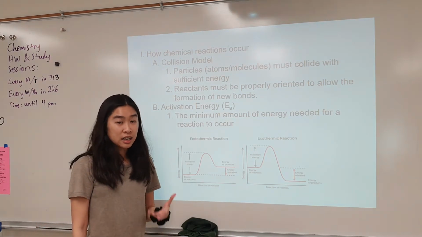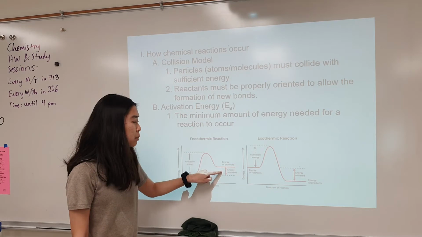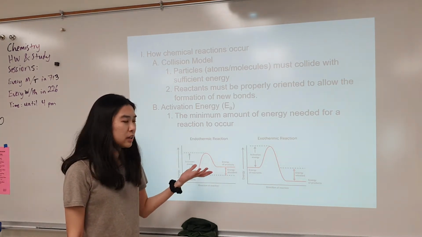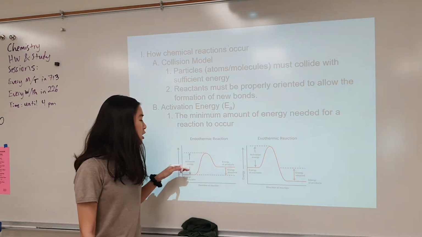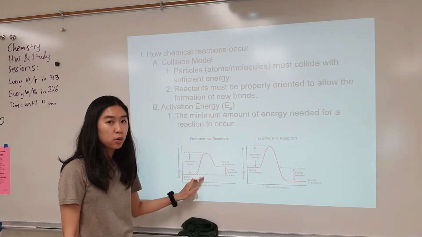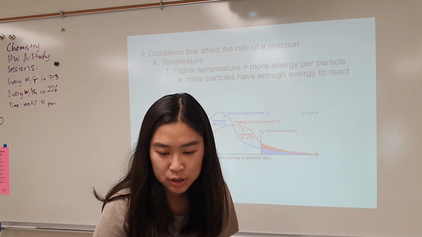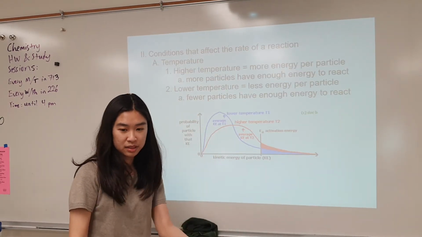substances with a higher temperature have more energy, and so they're more likely to reach this point so that the product can form. Whereas reactants with a lower temperature need to get to a higher activation energy in order for the products to form. So substances with a higher temperature are more likely to react.